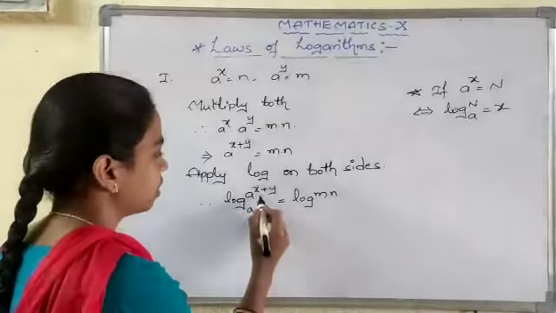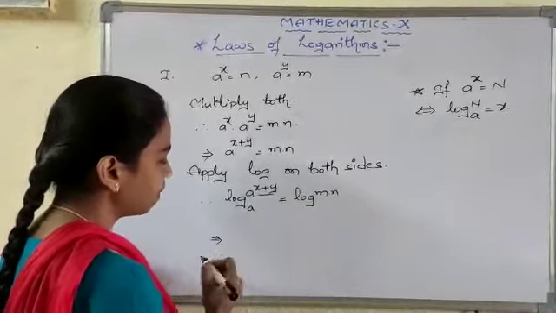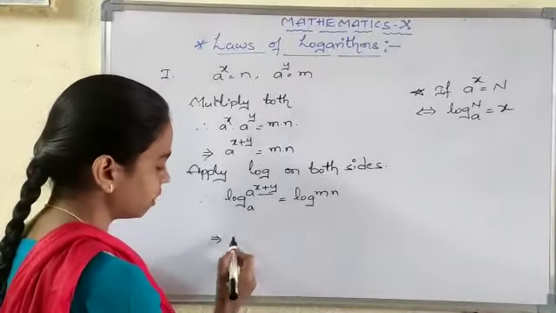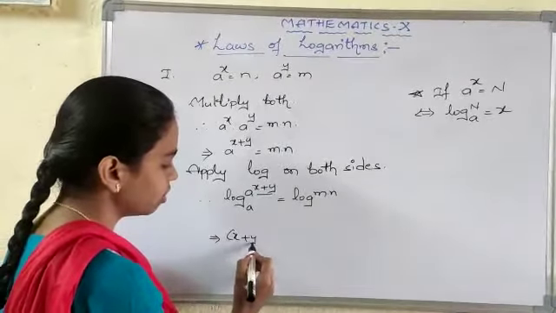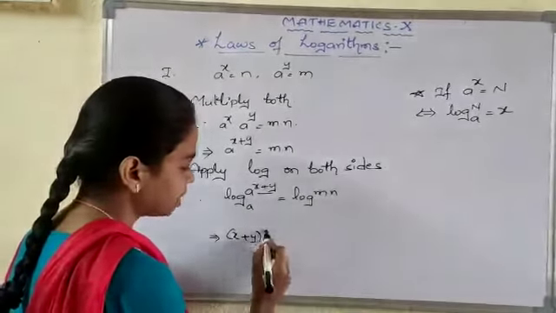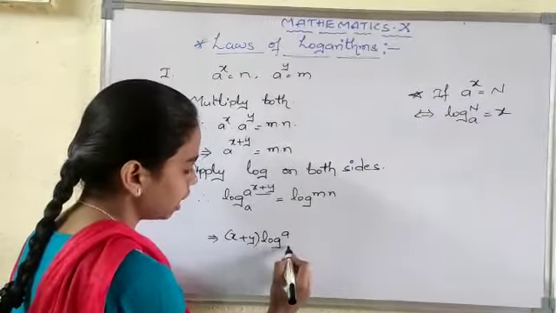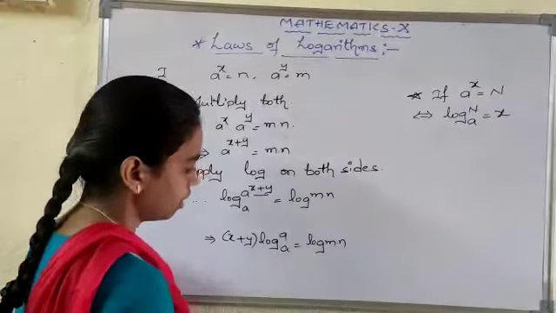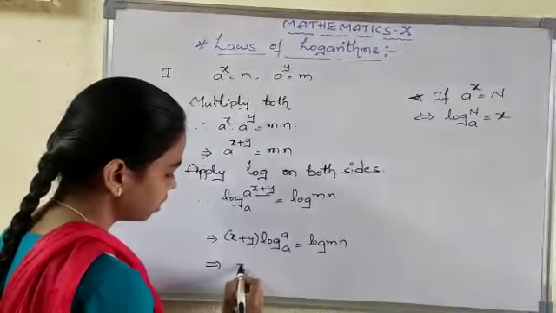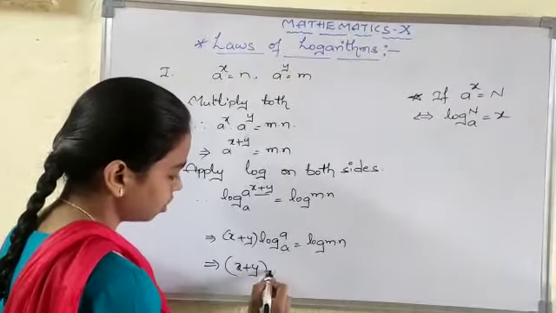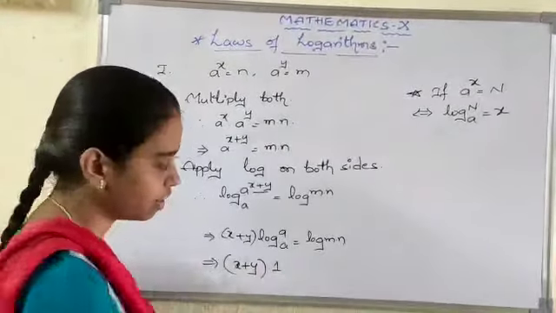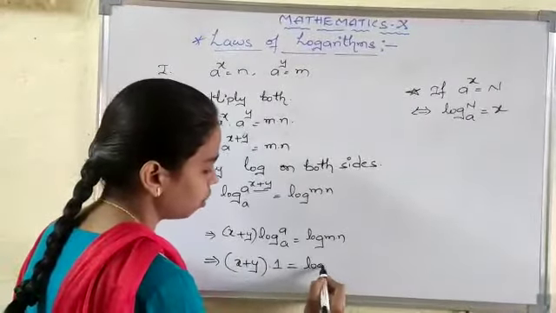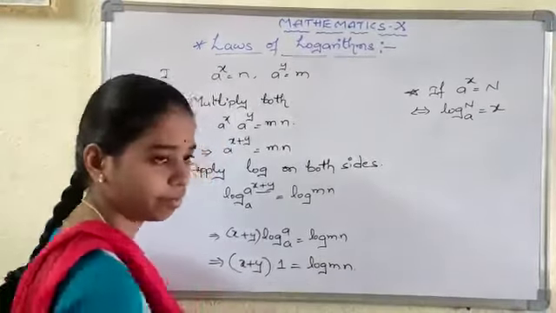Here in logs, if the power is for a power of x, it will become coefficient for log. So x plus y into log a base a is equal to log m n. So here we know that log a base a is equal to 1 and it is equal to log m n.